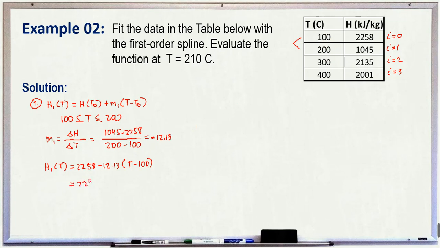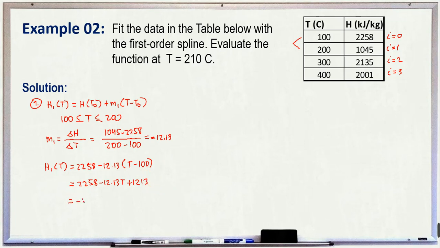Simplifying, we have 2258 minus 12.13t plus 12.13 times 100, that is 1213.